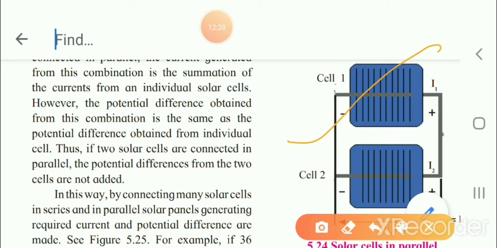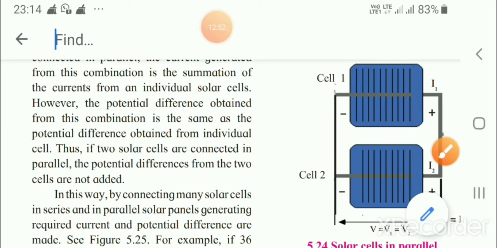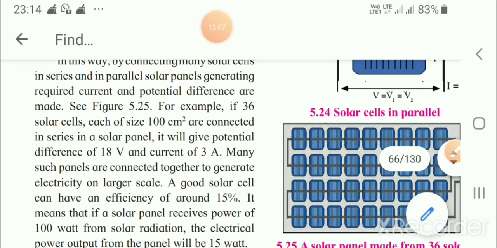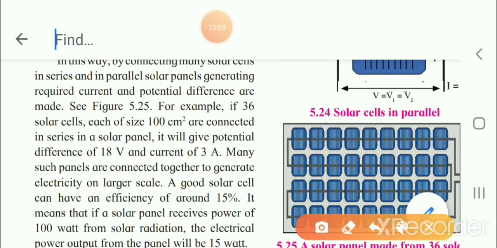by connecting many solar cells in series and in parallel, solar panels are formed which generate the energy, or the current and potential difference required. Now here you can see these are the solar panels.